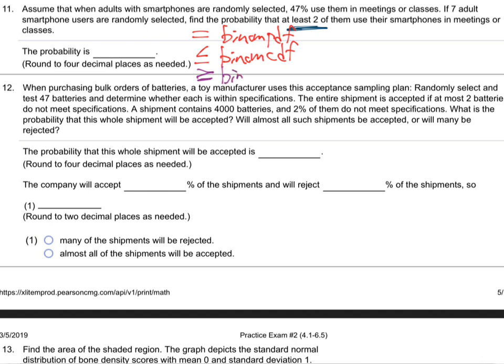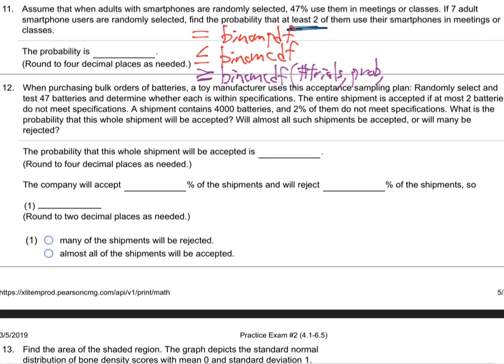You've got to do binom CDF, and you've got to go number of trials, and then 1 minus, wait, I'm getting confused. You've got to do the probability and the exact number that they gave you.